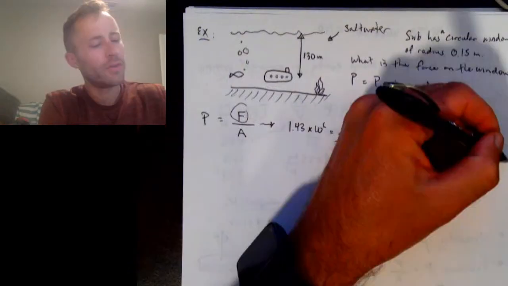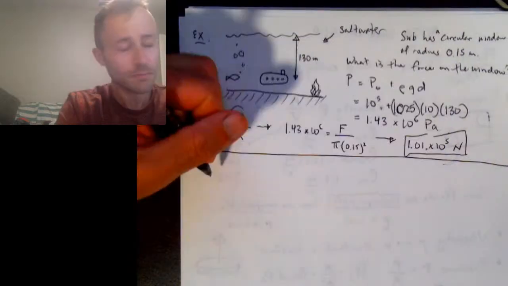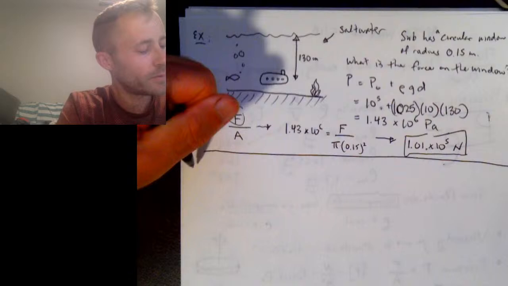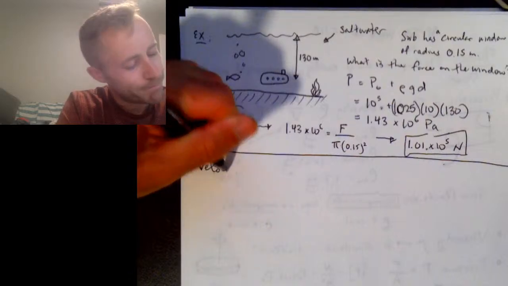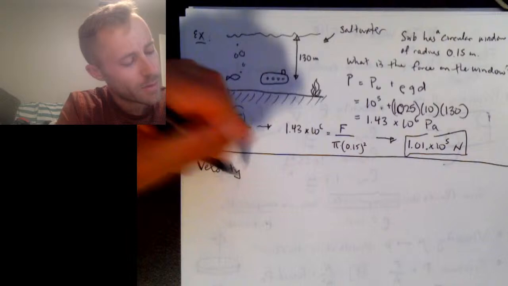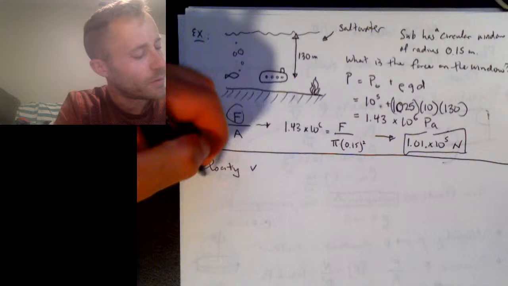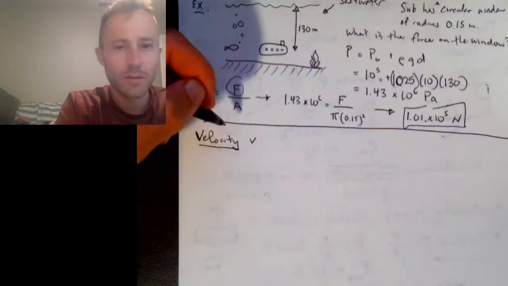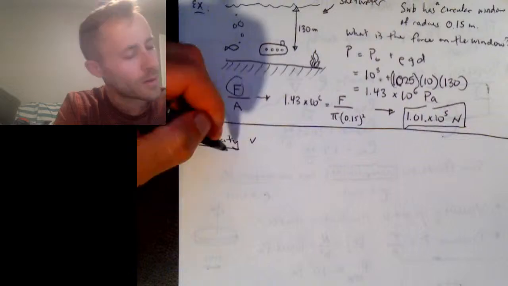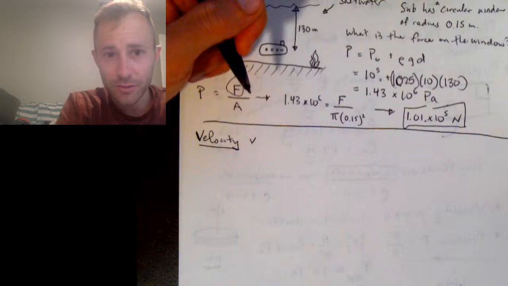so that is pressure. And the other property that a fluid can have is, of course, velocity. All right, so velocity v is measuring how fast the fluid is going.